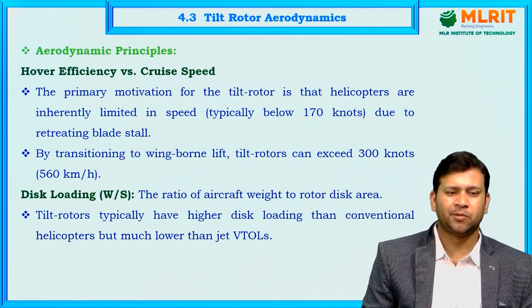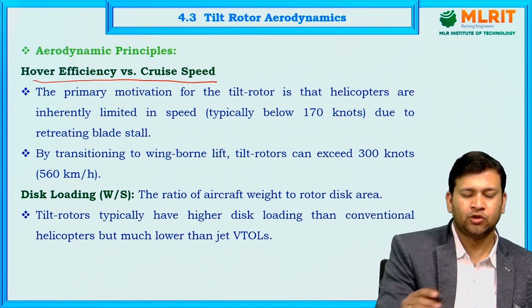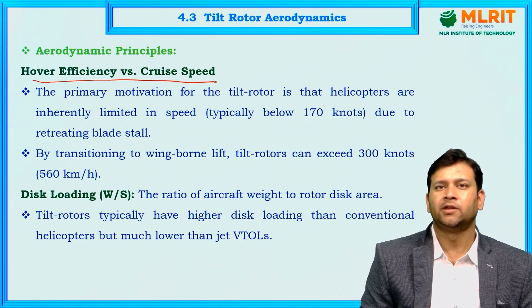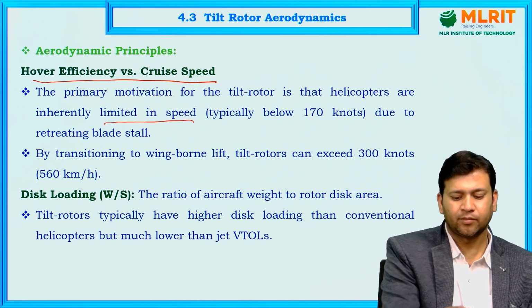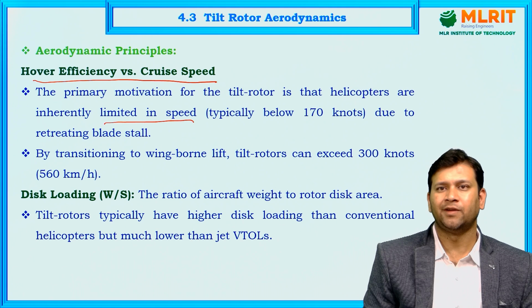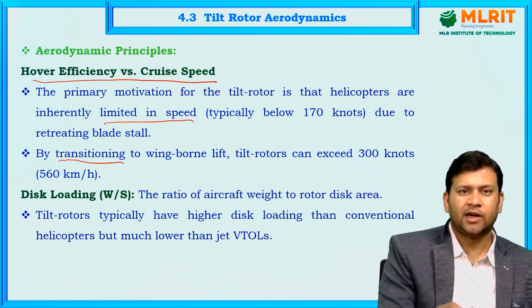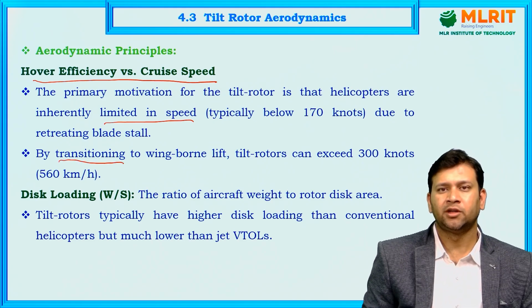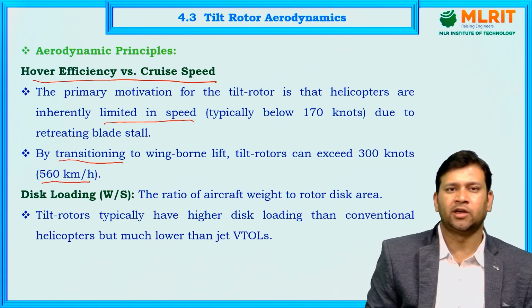The aerodynamic principles: hover efficiency versus cruise speed. The primary motivation for the tilt rotor is that helicopters are inherently limited in speed, that is below 170 knots, due to retreating blade stall. By transitioning to wing-borne lift, tilt rotors can exceed 300 knots, that is approximately 560 km per hour.